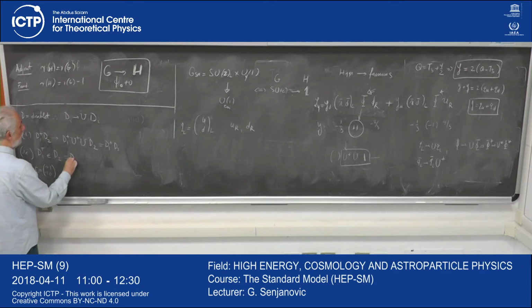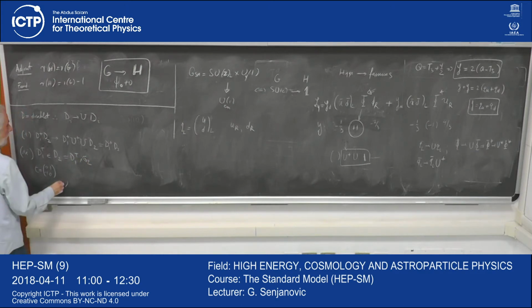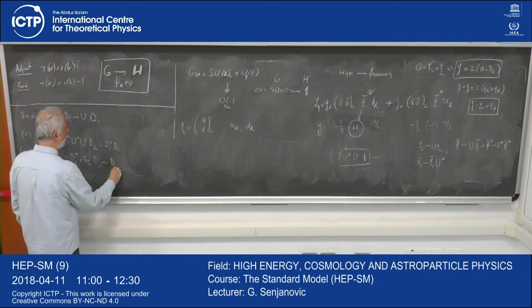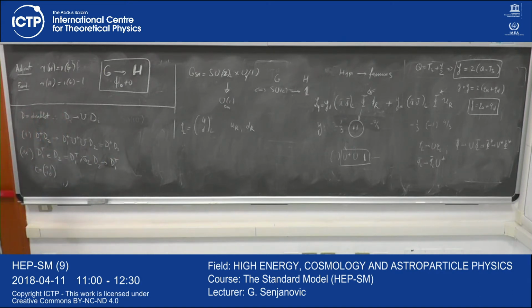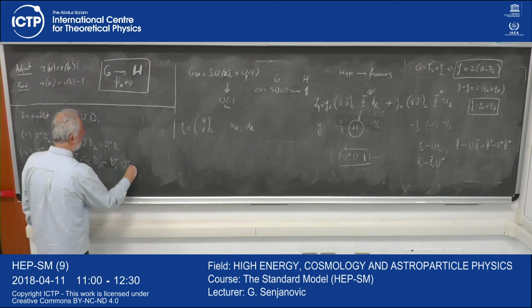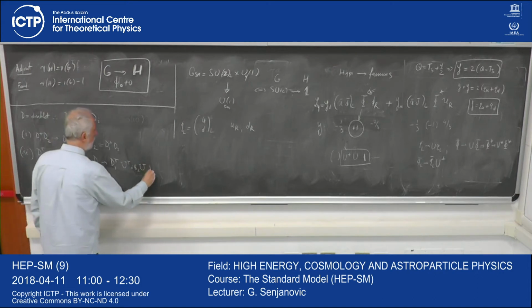This can be written as D1 transpose I sigma 2 D2. That transforms as D1 transpose U transpose I sigma 2 U D2.